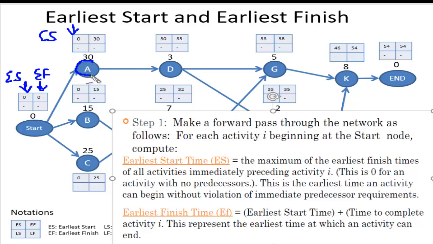Now I am talking of my I, which is this one, the node A, or the activity A, because I am putting the activity on the node, okay? This is the activity on node. Otherwise, the A stays on the arrow if I don't use activity on node. But if I use activity on node, then I am putting the activity and the time on the node. So you should put in a note that we are using activity on node.